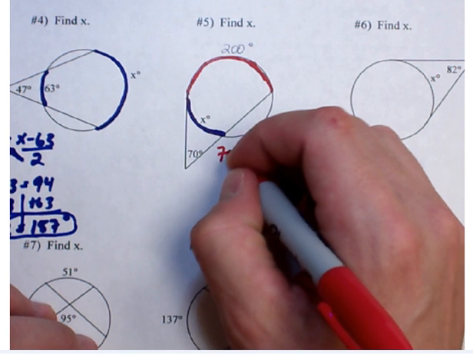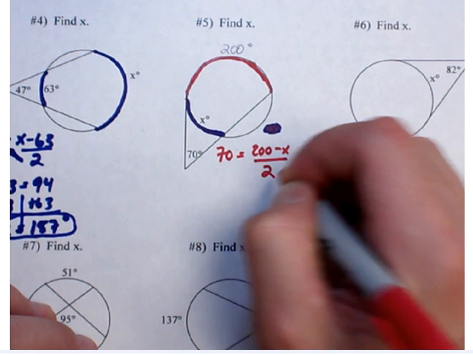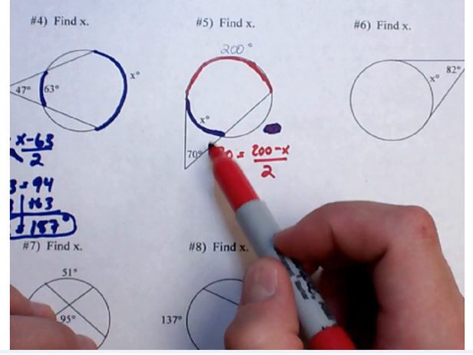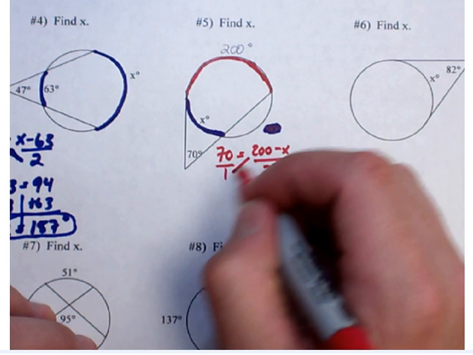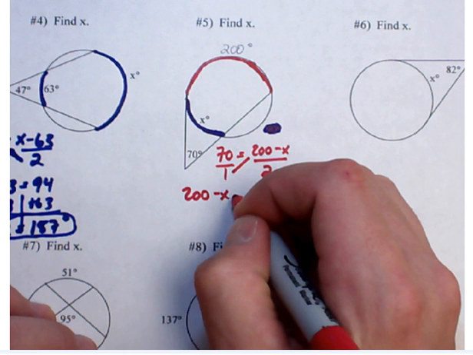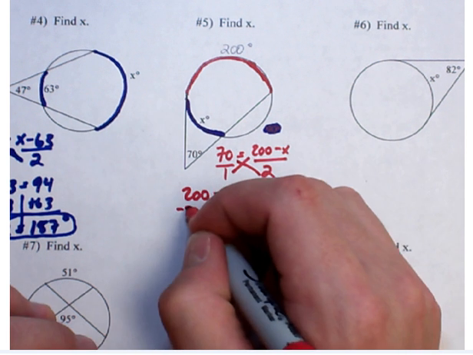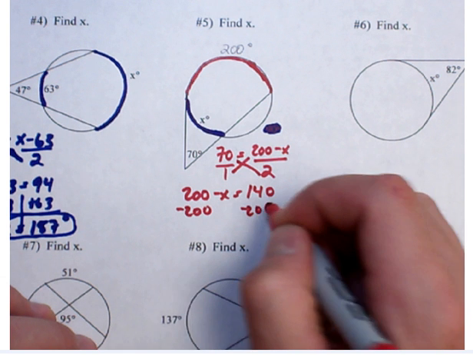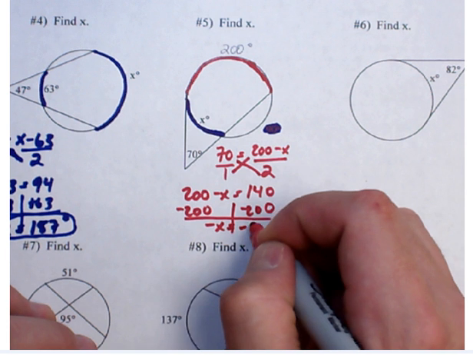So 70 equals 200 minus x divided by 2. Let's put this over 1 and cross multiply. We get 200 minus x equals 140. 2 times 70 is 140. Minus 200, minus 200. Now you get negative x equals negative 60.